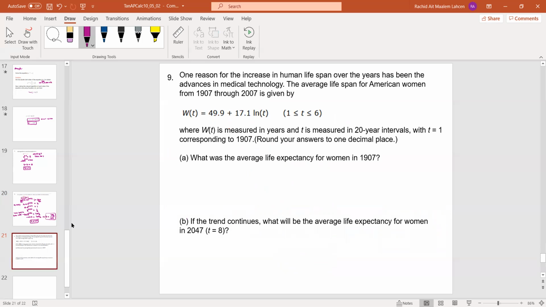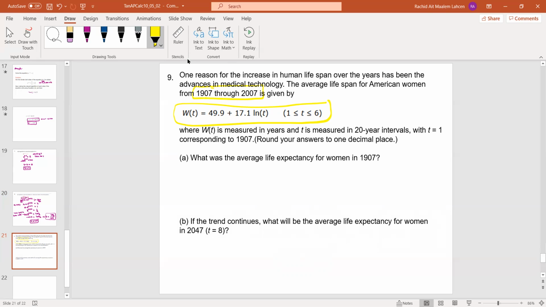Of course, now you're familiar with this type of problems we have been doing for a while. You know that t is between 1 and 6 for this model, but the 1 actually stands for 1907 and the 6 for 2007. So we've done this a few times now, and you start getting used to them.